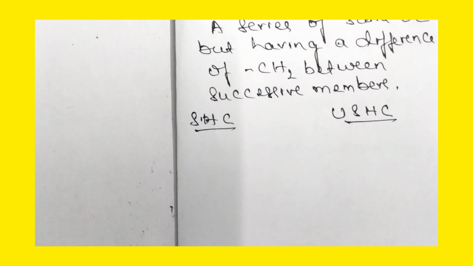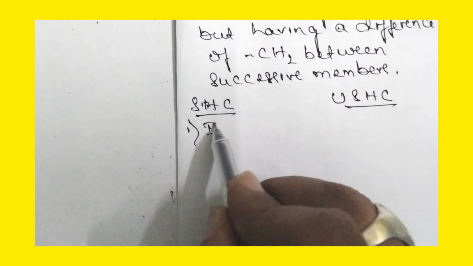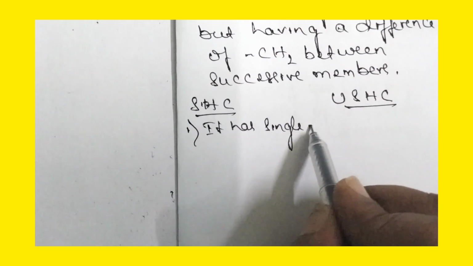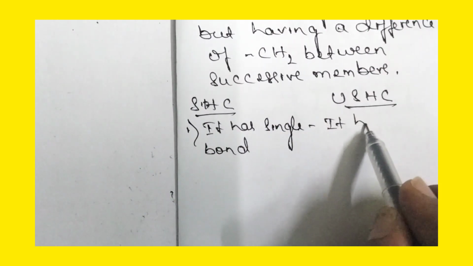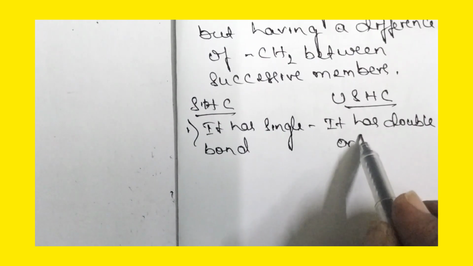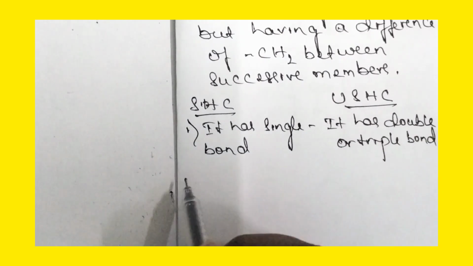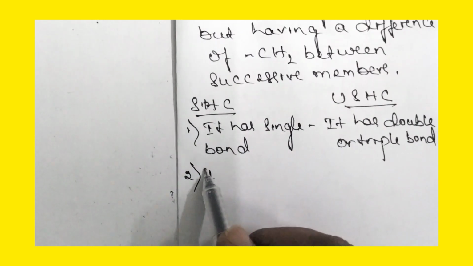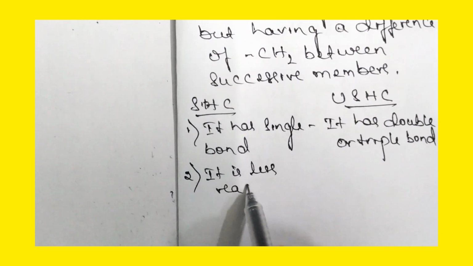Now let us write the difference between saturated and unsaturated hydrocarbons. Saturated, it has single bonds. Unsaturated, it has double or triple bonds. Either it has a double bond or a triple bond. This is the first difference. Second difference, saturated is less reactive.